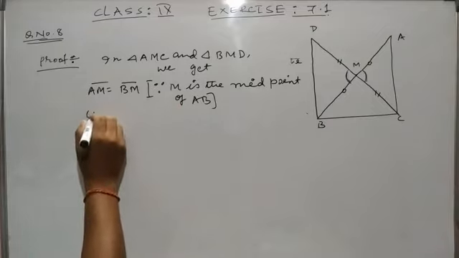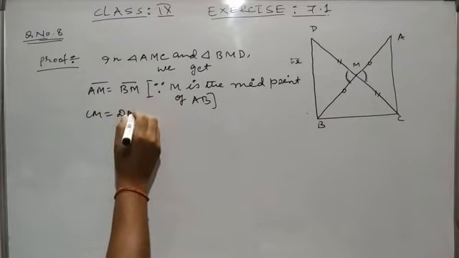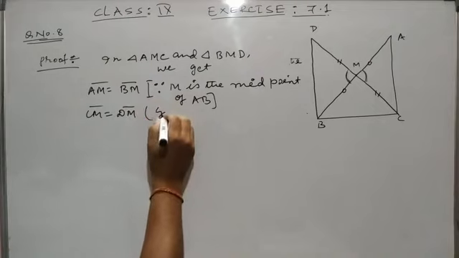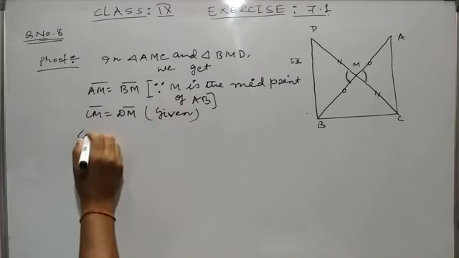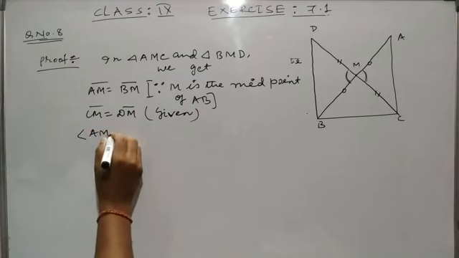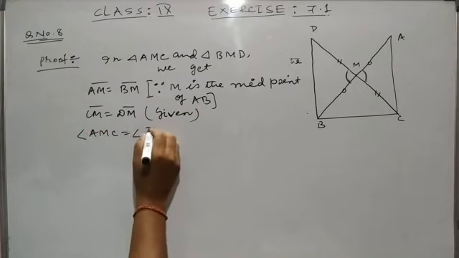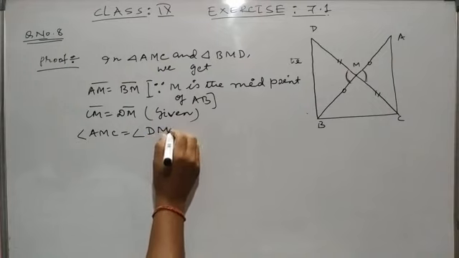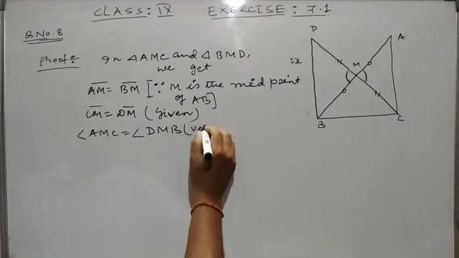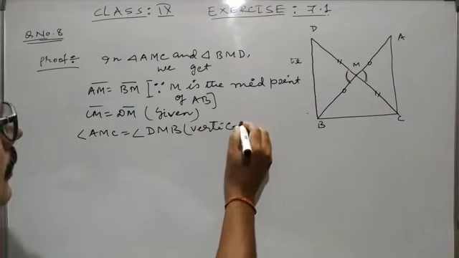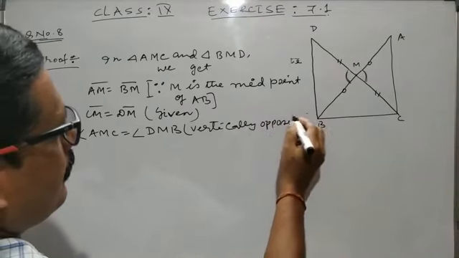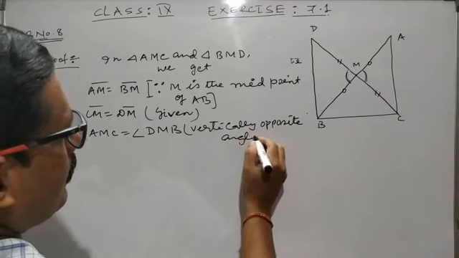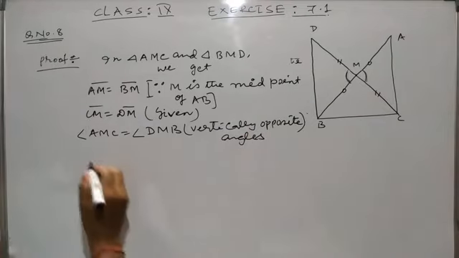Then CM equal to DM, given. Then angle AMC equal to angle DMB, vertically opposite angles.